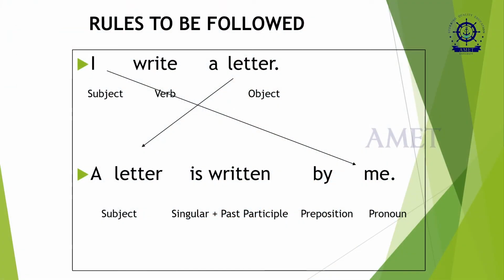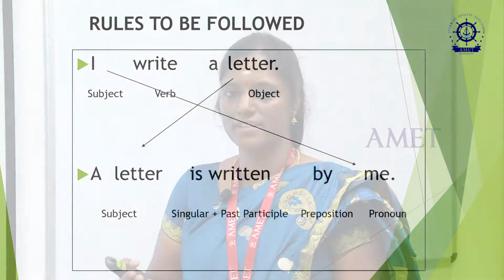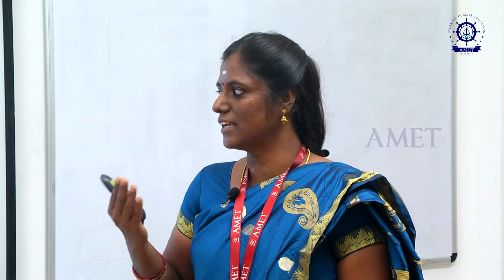So, I write a letter, it has subject, verb, and object. Now, we are going to change this active voice into passive one. So, what is the first step to do? The object, a letter, it should be taken in the first position in passive voice. So, we have to take a letter first. Then first we have to see whether a letter is one letter or many letters.